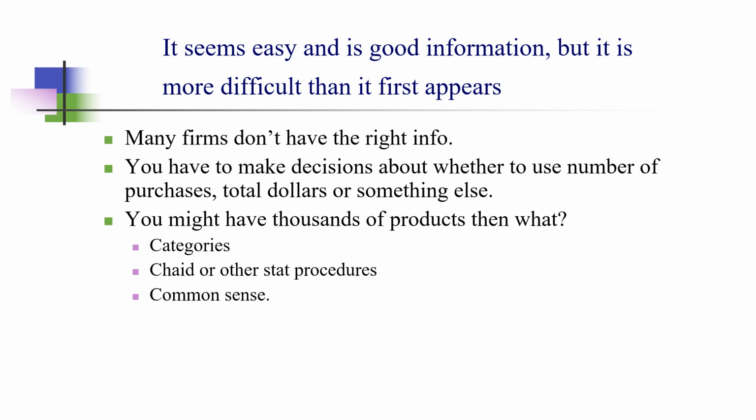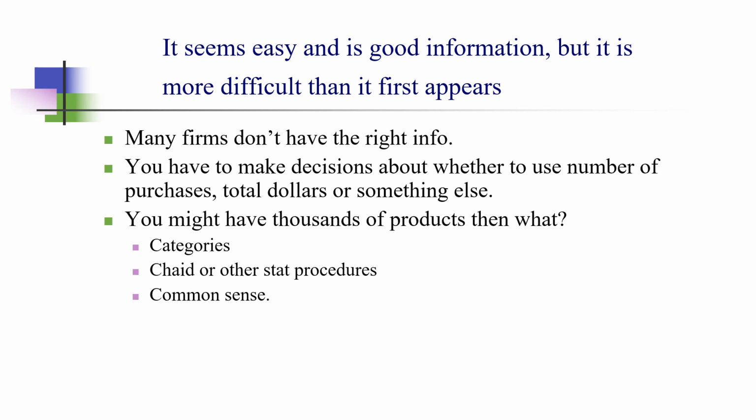This seems like easy and is good information, but it's probably a little bit more difficult to collect and analyze than it first appears. First off, many firms don't have the right information, and you have to make decisions about whether to use number of purchases, total dollars, or something else. You might have thousands of products, or like a grocery store, potentially hundreds of thousands of SKUs.